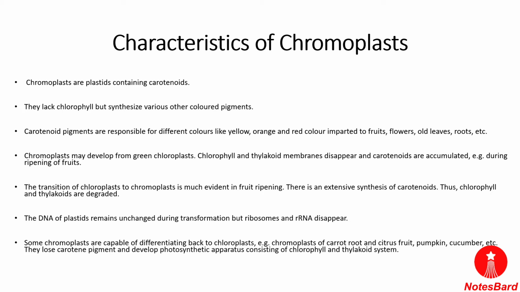The next point is the DNA of the plastids. It remains unchanged during the transformation, but the ribosomes and rRNA disappear. There are some chromoplasts that are capable of differentiating back to chloroplasts, for example the chromoplasts of the carrot root and citrus fruits, pumpkin, cucumber, etc. What they do is lose the carotene, the main component of the chromoplast.